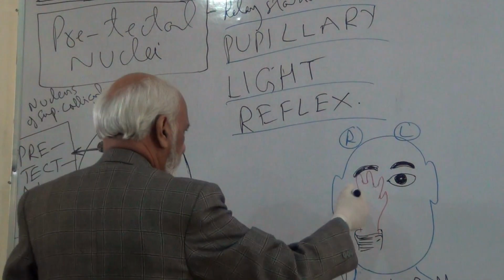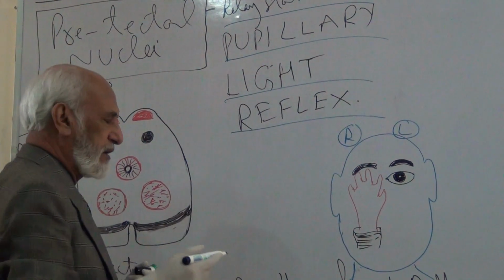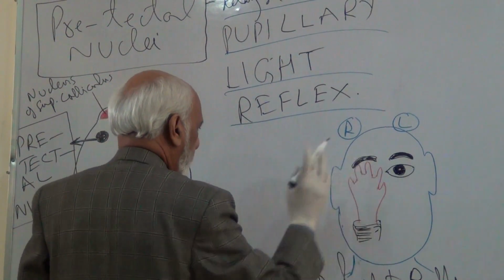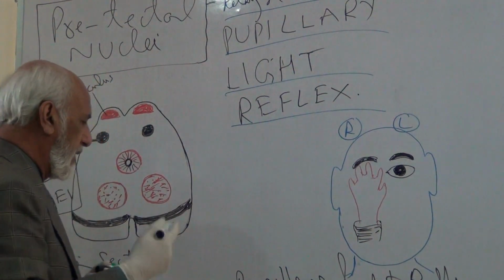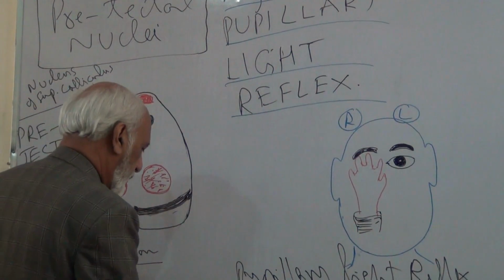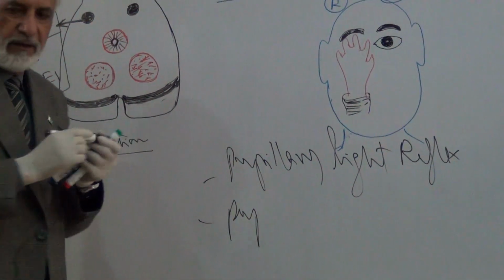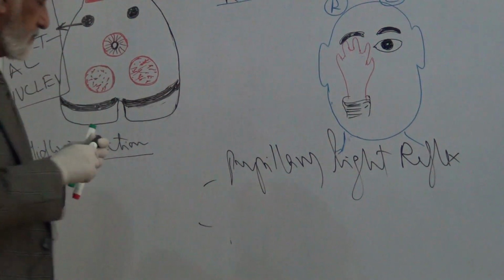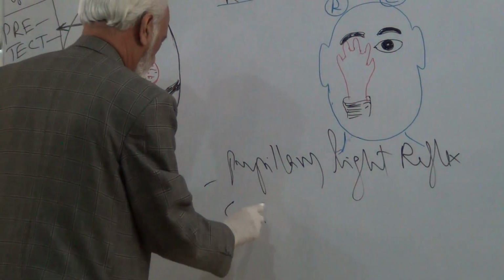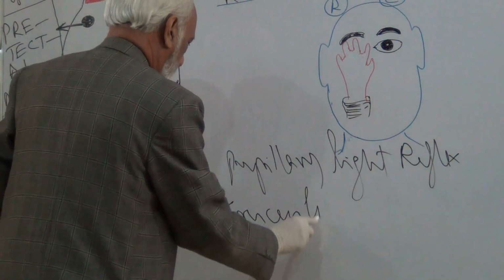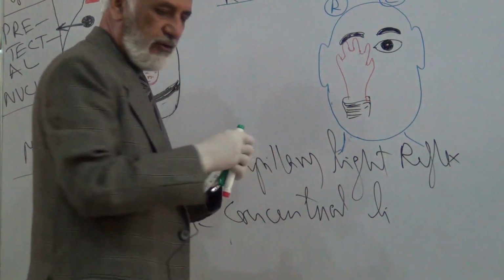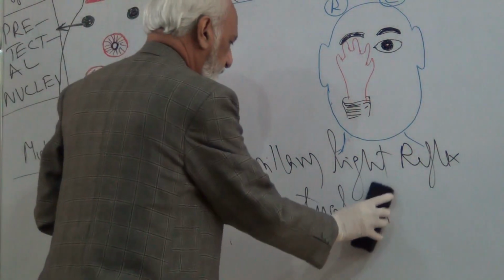Because the pupils of both eyes constrict, one exposed to the light and the other covered by the hand or card, it is known as the consensual pupillary light reflex.